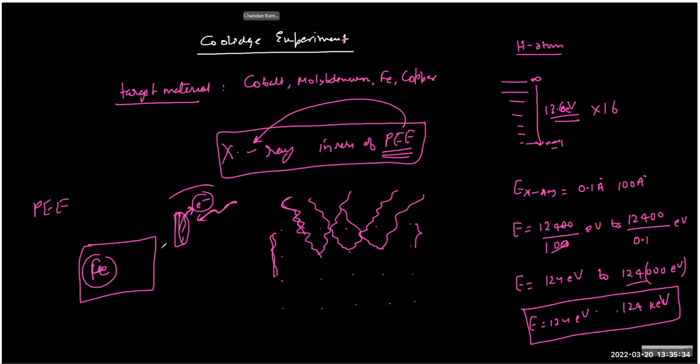So what is the reverse process of the photoelectric effect? The reverse is that an electron must hit the metal, and what should come out? Radiation. Can you realize the reverse process here? In the photoelectric effect, the photons hit the metal, and as a result, electrons are emitted.